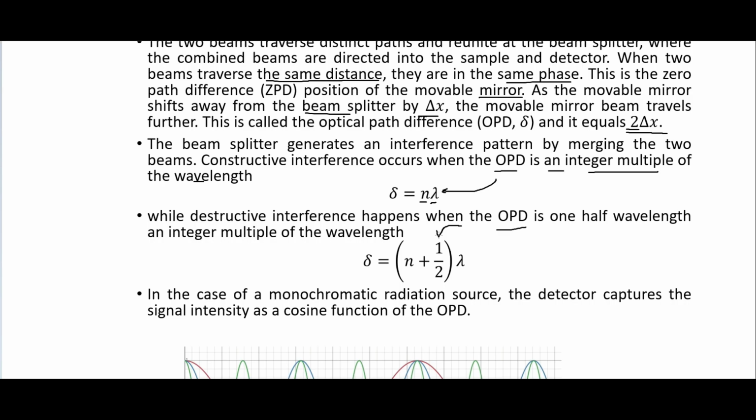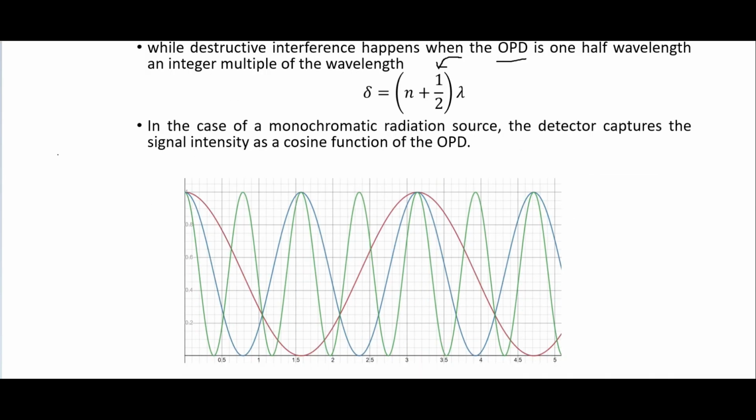So we put this half here, and we'll get a mixture of the constructive and destructive at phase differences between those values. So in the case of a monochromatic radiation source, the detector captures the signal intensity as a cosine function of the optical path difference.